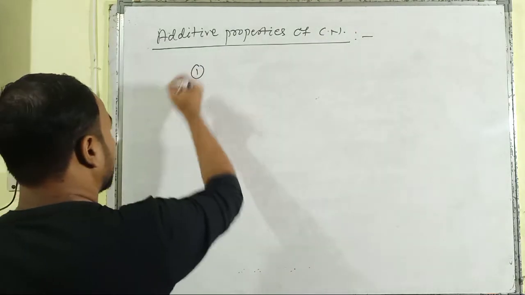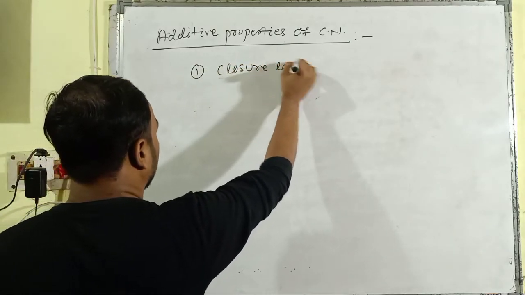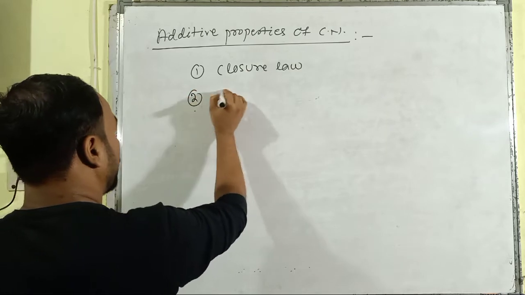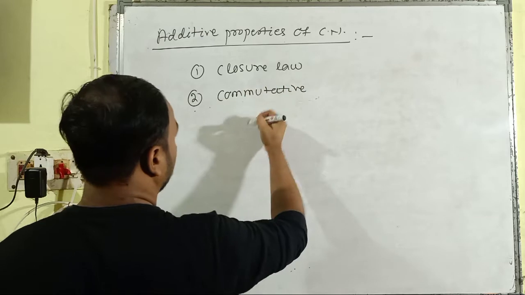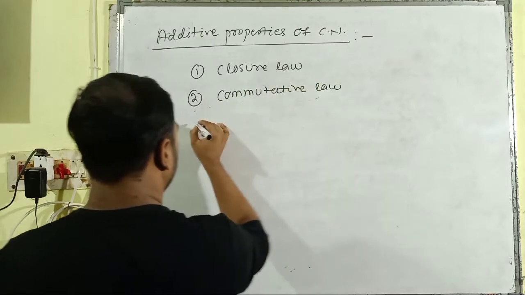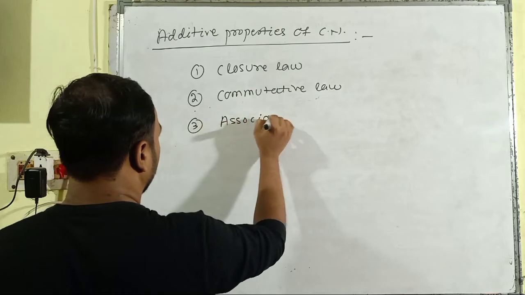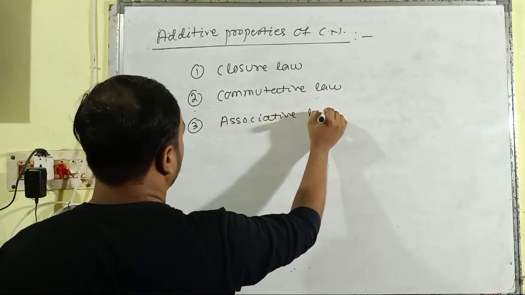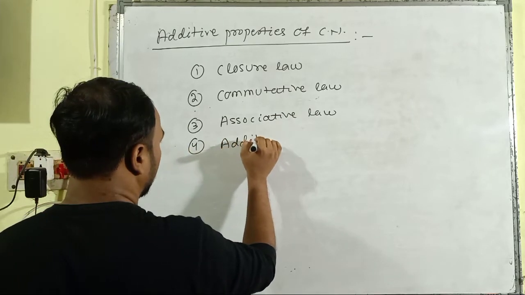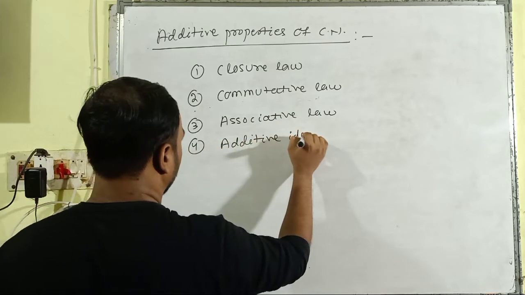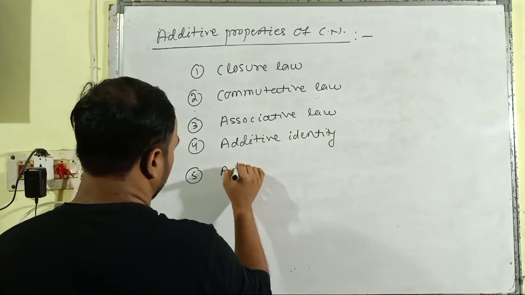So what are they? The first one is closure law, the second one is commutative law, the third one is associative law, the fourth one is additive identity, and the fifth one is additive inverse.